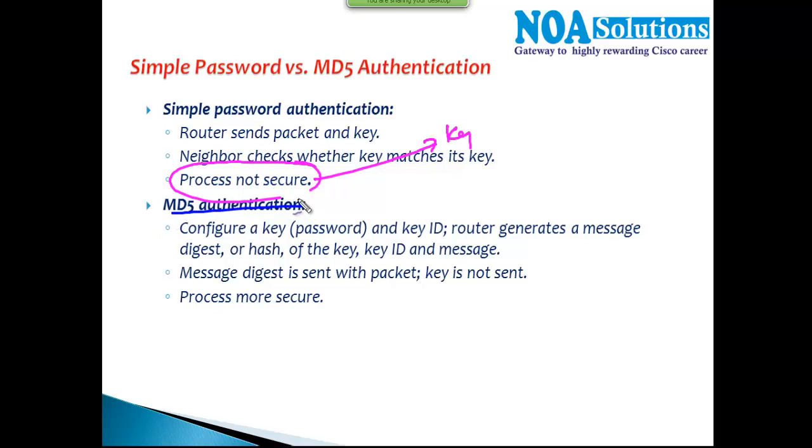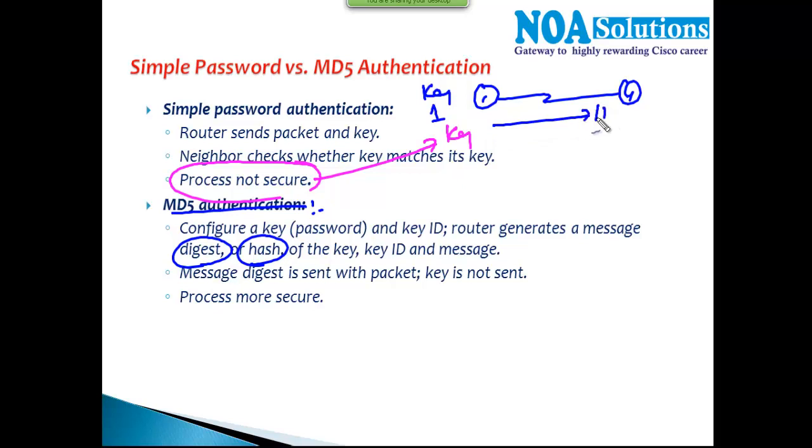In the case of MD5 authentication, we are not actually exchanging the keys, or the password. Instead, Router 1 sends a message digest value, or hashing value, which is generated based on the key and the key number we are using. So it sends a hash value, or message digest value.